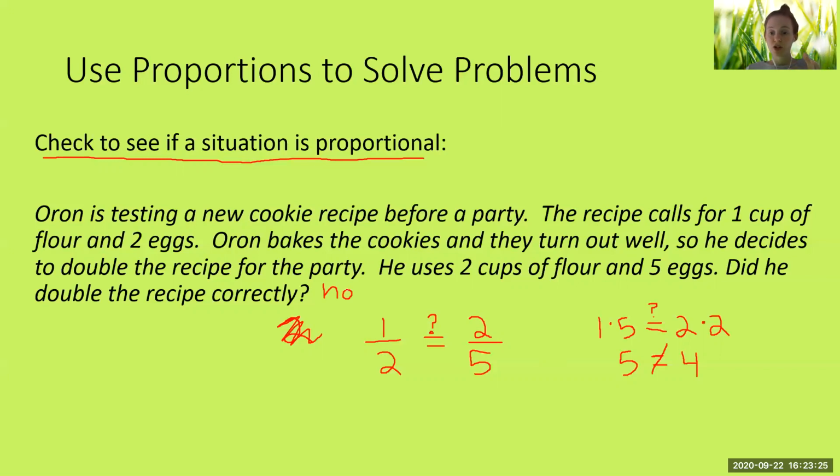Because to set up a proportion, you need 2 ratios. So altogether, you need 4 numbers. So it'll be this type of question if you have a comparison of 2 things and you are given 4 numbers to work with, and you're asked to check and see if you really have a proportion.